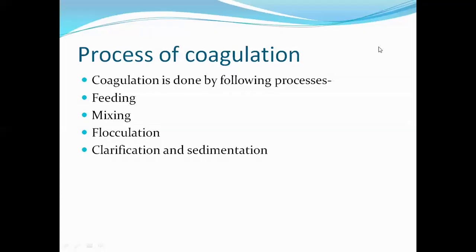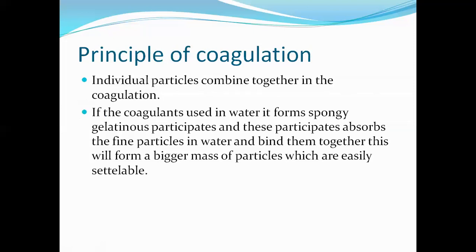In the last lecture we discussed the process of coagulation. There are four processes of coagulation: first is feeding, then mixing, then flocculation, then clarification and sedimentation. Now first let us revise what coagulation is.